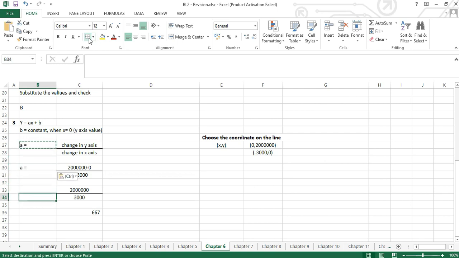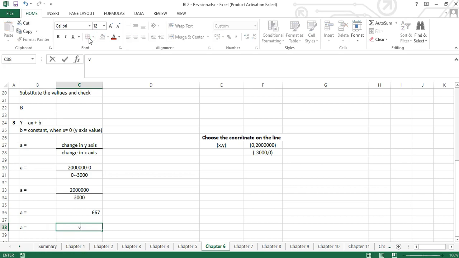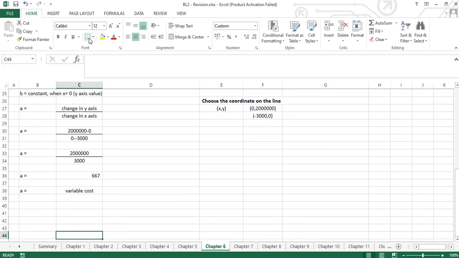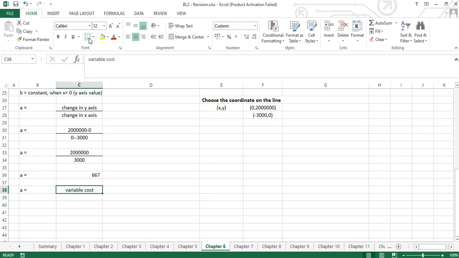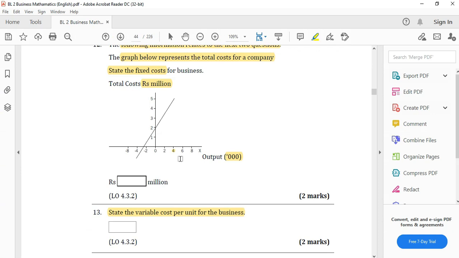But what can we say that A is equal to? The variable cost. Remember, as a rule, the gradient of a total cost line is always equal to the variable cost per unit, because as the output increases, every unit, the variable cost makes the total cost change.